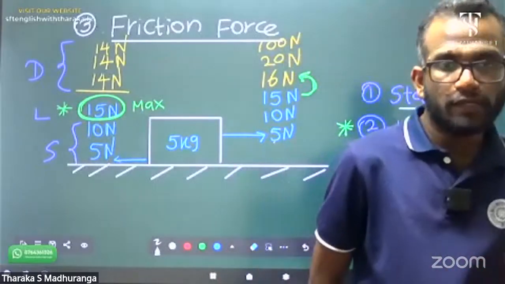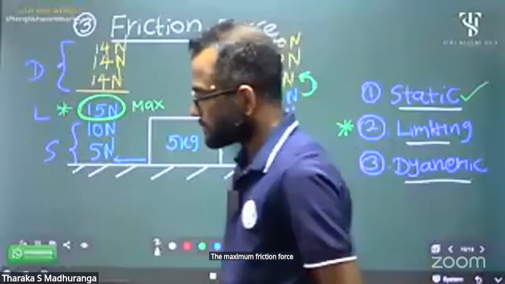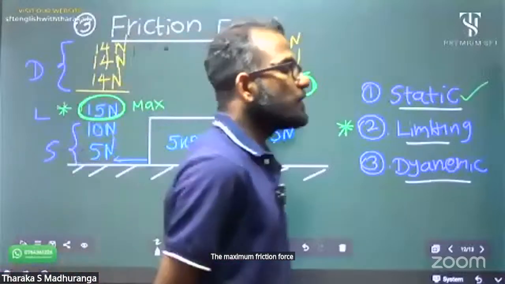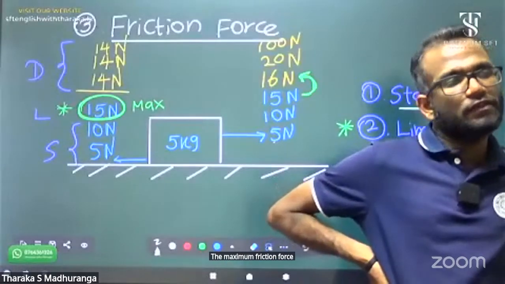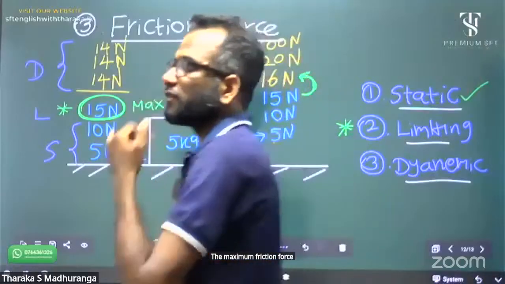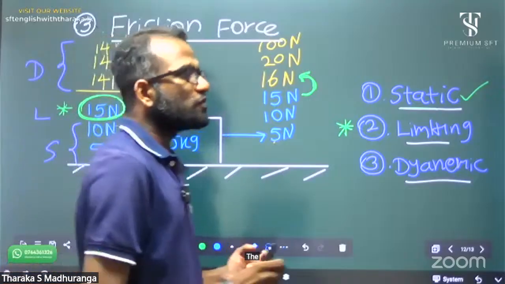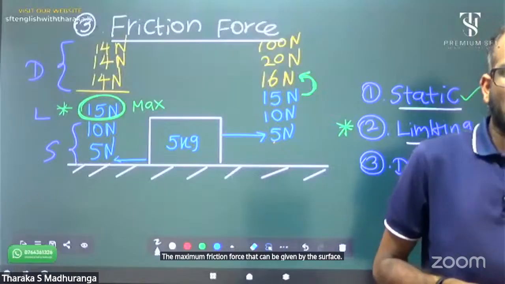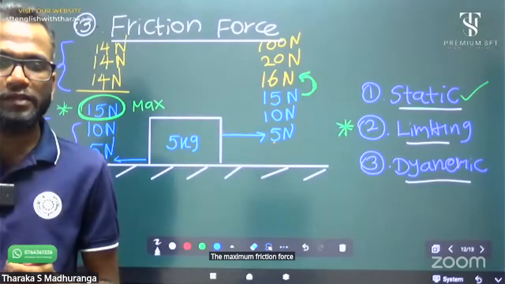First point: the maximum friction force that can be given by the surface.